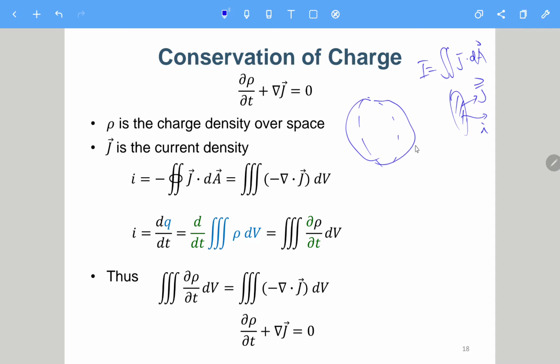And then of course we try to define a closed surface, something like the Gaussian surface. Actually, we should call it the closed surface rather than Gaussian surface. And then we try to calculate the current.